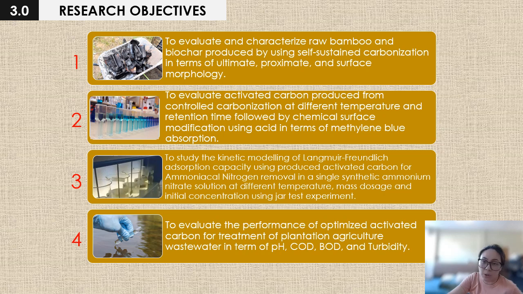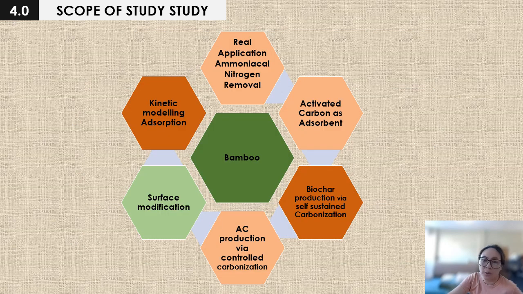The scope of study: first, we study the activated carbon as absorbent and the self-sustained carbonization. Then we study the controlled carbonization, then the kinetic absorption, and lastly real application with agricultural wastewater.